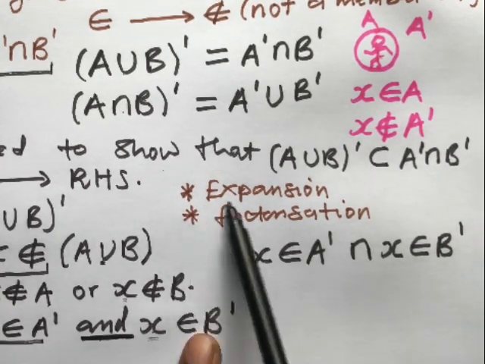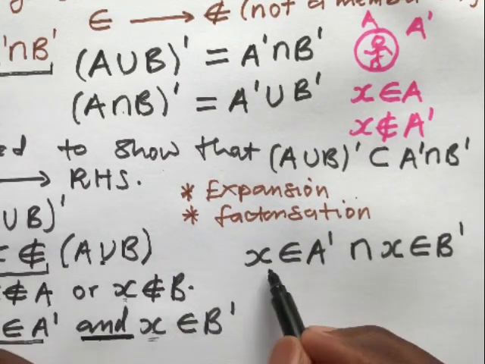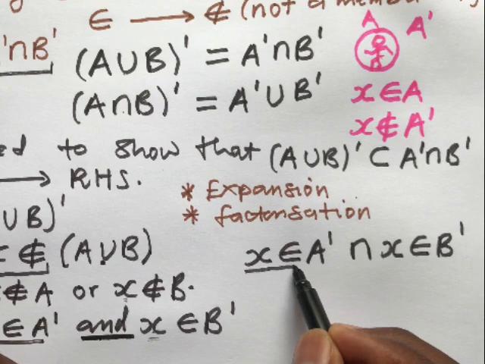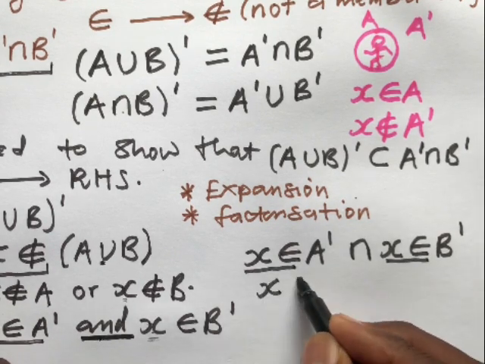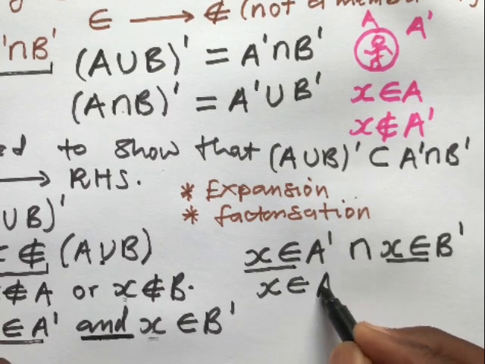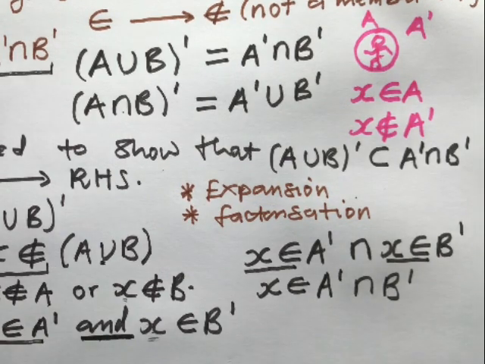Then what are you supposed to do? We started with expansion. Now we are coming to factorization. You factor out what is common. Here you find this is the thing which is common, including that one. I'm going to write them here: X be a member of A complement intersection B complement.